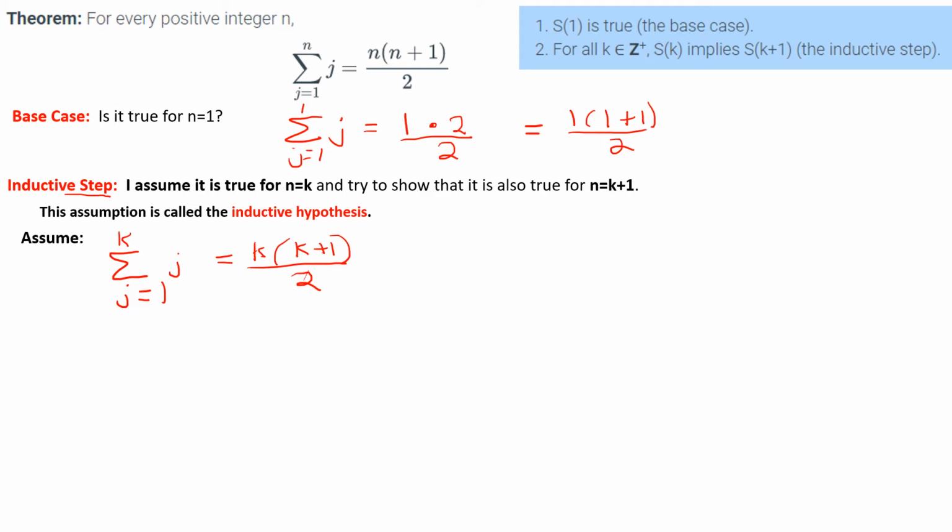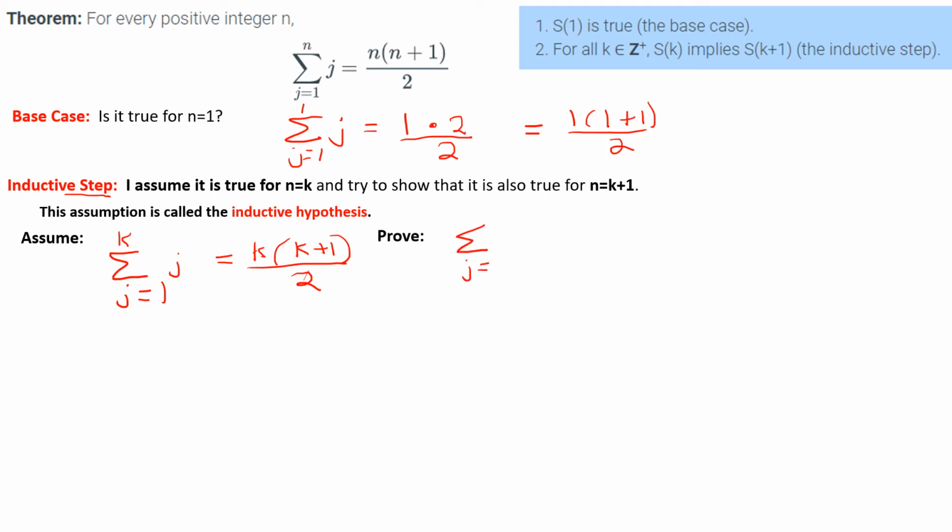Now, remember, we haven't proven this yet, but we're saying we're going to assume it's true for k and see if we can prove that then it would also be true for k plus 1. And if we can do that along with the base case, then we've shown that it would be true for all n. So we're going to assume this, and then we're going to try to prove what? Well, we want to prove that it's true for k plus 1.